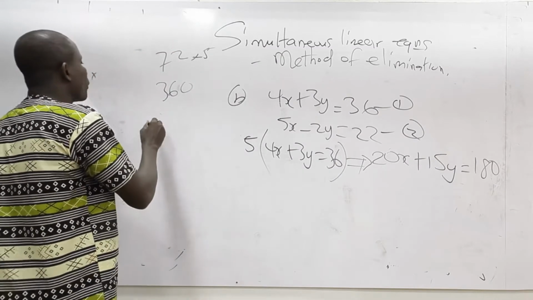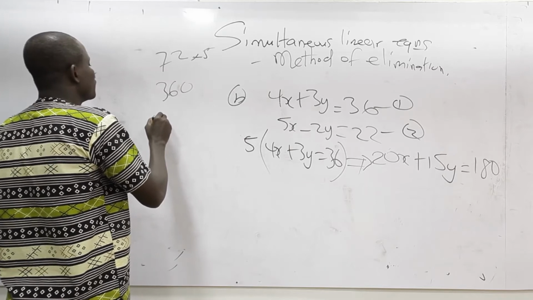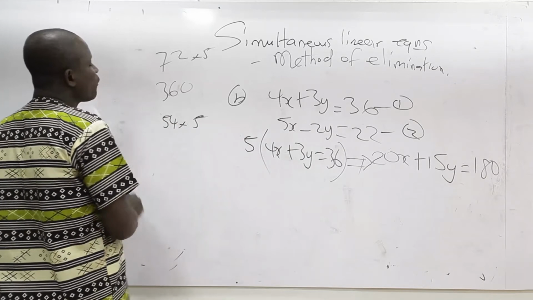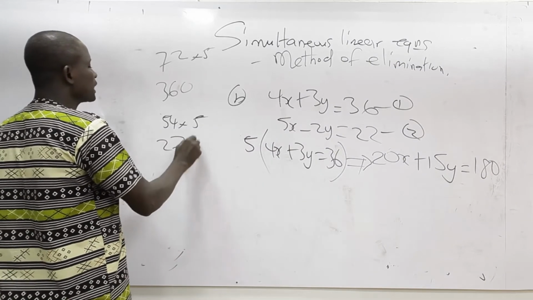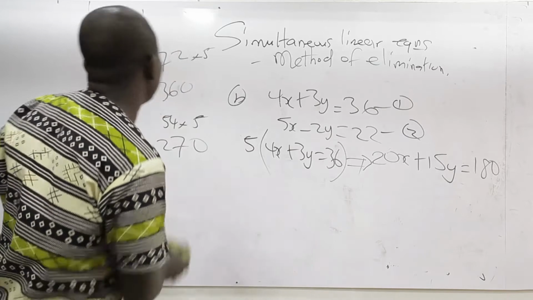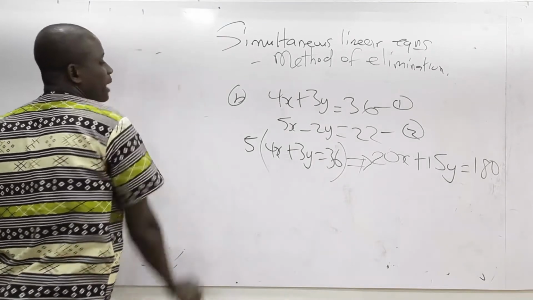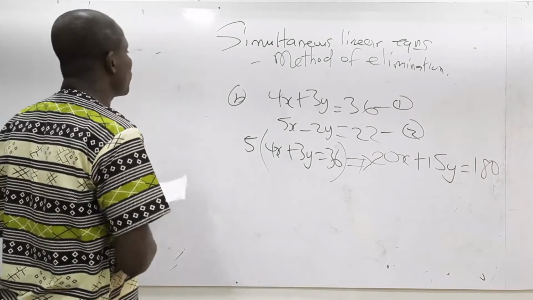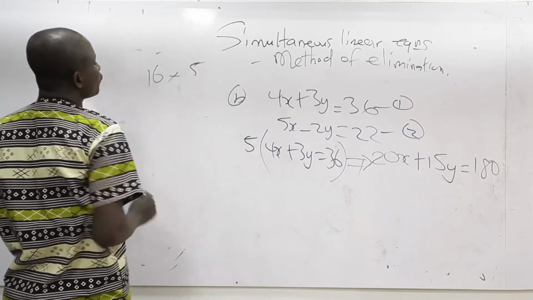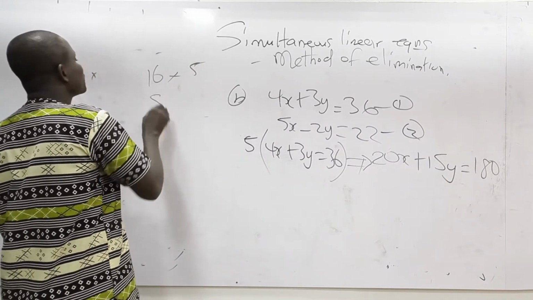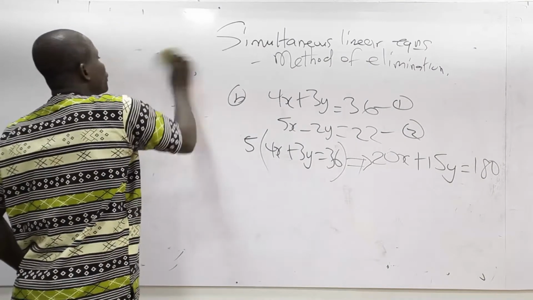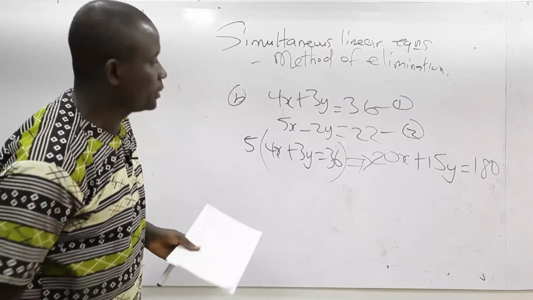So for example, let's say 54 times 5. Half of 54 is what? 27, then I add 0 to it. It's very interesting. Let's say 16 times 5. What is half of 16? 8, then I add 0. As you progress, you'll be getting more, okay?